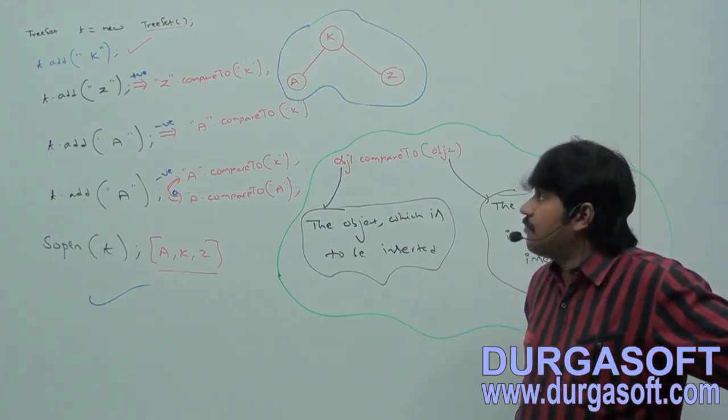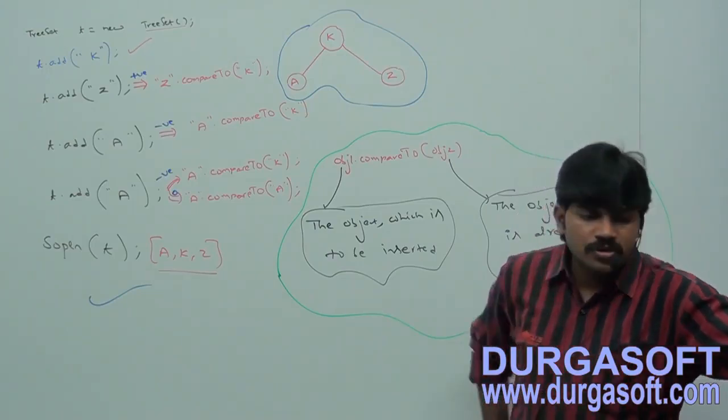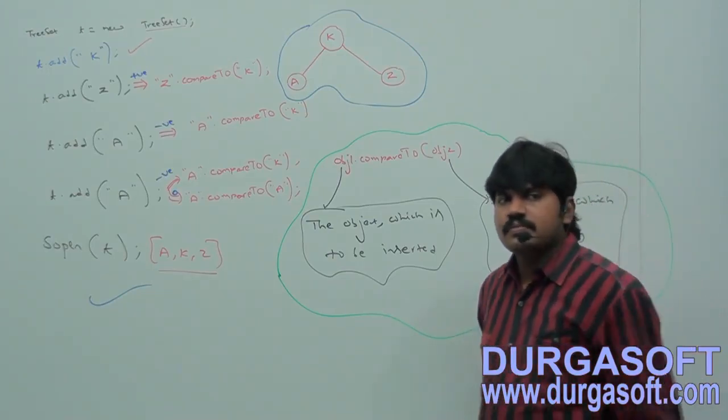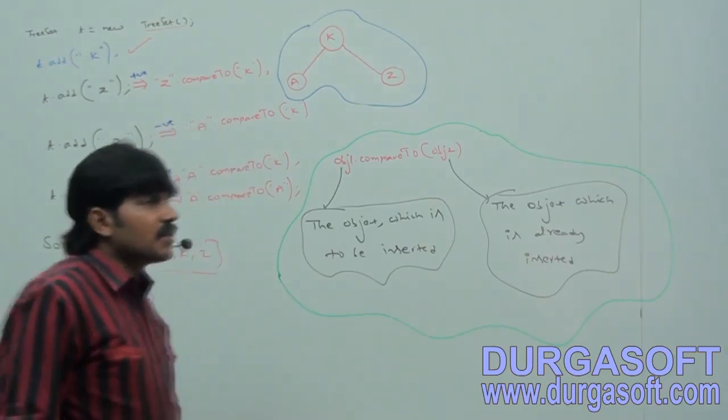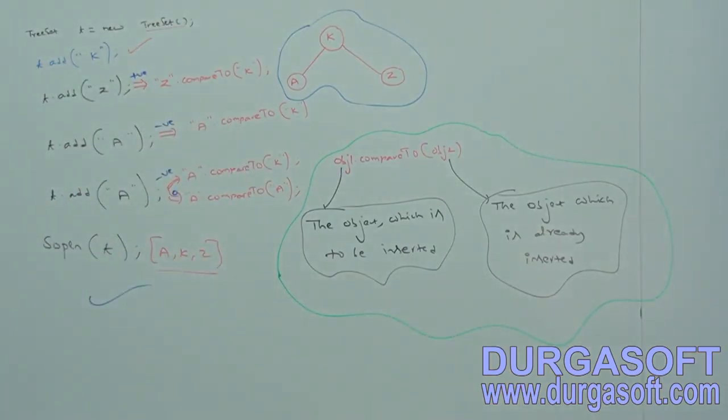Take clearly, even the compare logic also, which methods internally call. So why compulsorily the objects should be comparable? Because the reason is nothing but this one.